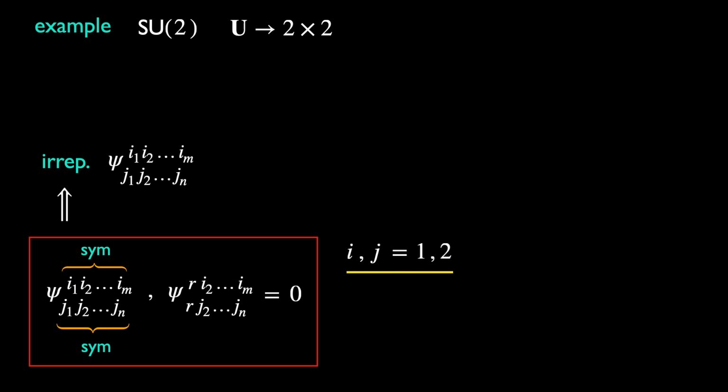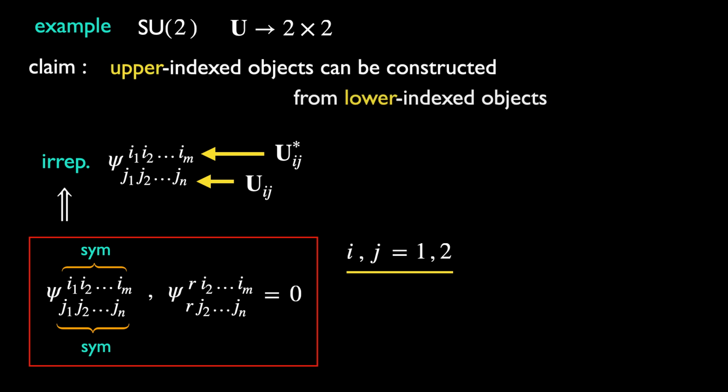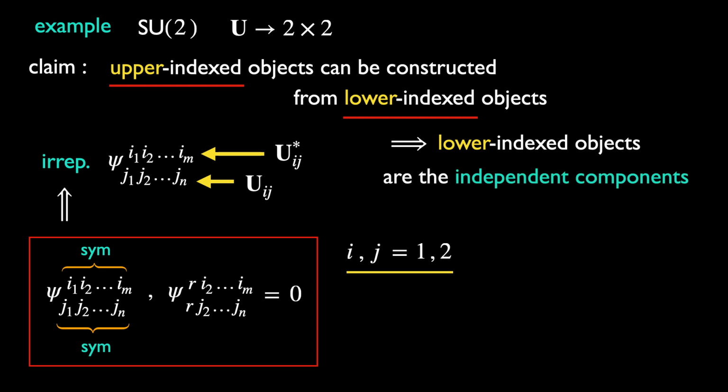Just to remind you, the lower indices of the tensor transform by the matrix U, while the upper indices by its complex conjugate. We claim that any upper index object can be constructed from a lower index one and vice versa. This means the lower index objects are the only independent components we need to consider. Let's show this.